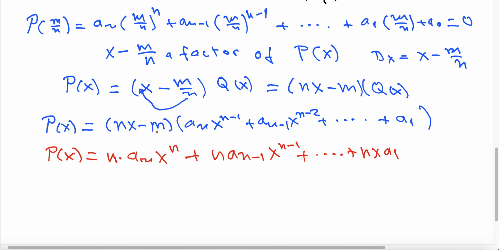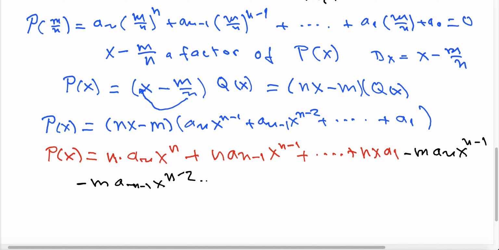And now I'm going to multiply by the second term, minus m. So minus m times a_n x^{n-1}. So let me write in a different color, maybe it looks better. So this is minus m a_n x^{n-1}. And the second one is minus m times a_{n-1} x^{n-2}.